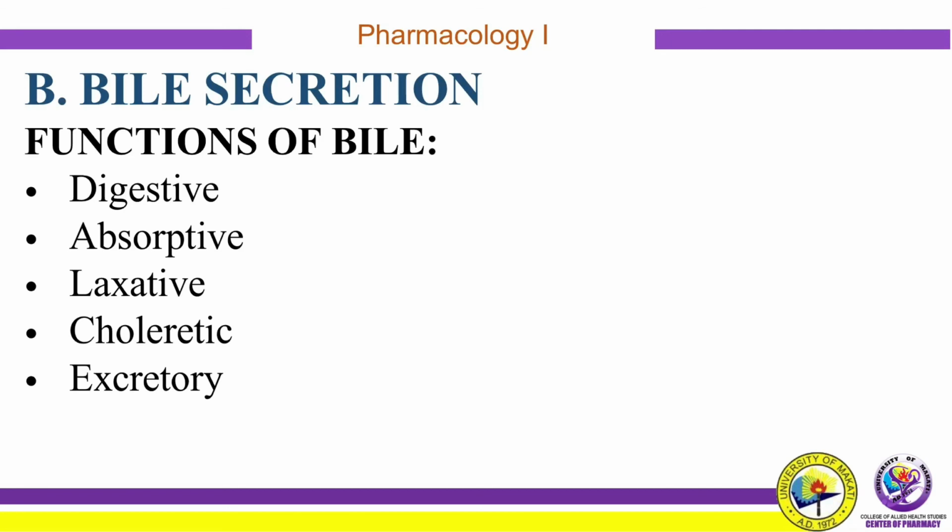Fourth is choleretic, helps in secretion of bile from the liver. And last is excretory. It excretes certain substances like heavy metals, certain drugs, bile pigments, and excess cholesterol. And bile acts as a lubricant for the contents in the intestine.